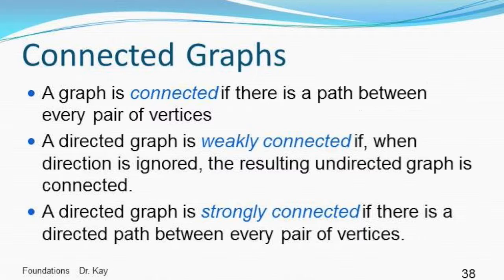If we have a directed path, and there is in fact an honest-to-gosh directed path between every pair of vertices, even without messing with it, then we call that graph strongly connected.